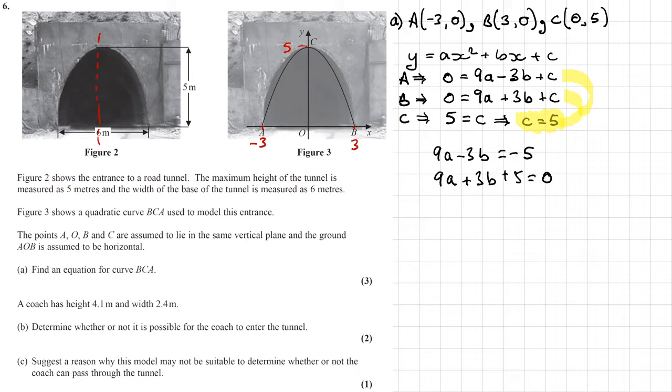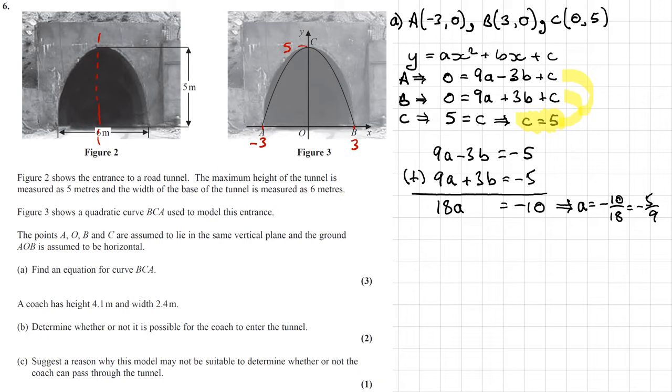And again, I'll take away 5 from both sides, so this equals -5. Now I can solve these simultaneously by adding these two equations together. I'll get 18a is equal to -10, and then a is equal to -10 over 18, which is equal to -5 over 9.